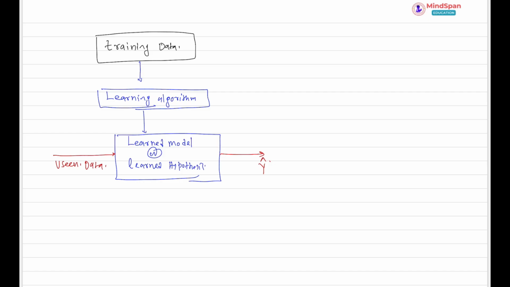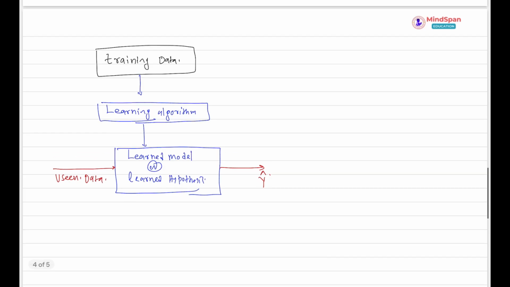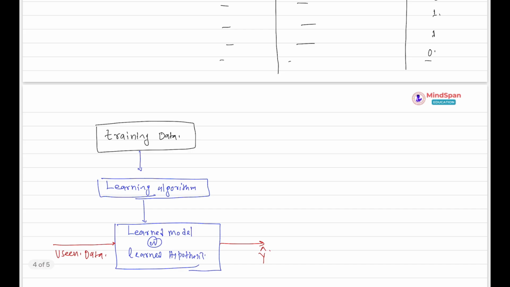right? So in linear regression, our goal is to learn a function, we can call it a hypothesis function, that can predict output as close as possible to the true value. So there is some ideal function that we want to approximate, right?